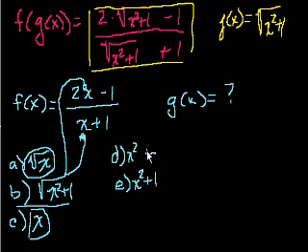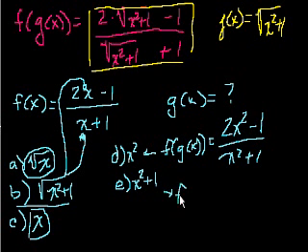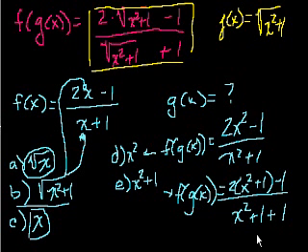If g of x was this, then f of g of x would be, everywhere we see an x, you put an x squared, so it would be 2x squared minus 1 over x squared plus 1, which does not equal this. And similarly, if g of x was this term right here, then f of g of x would be 2 times x squared plus 1 minus 1 over x squared plus 1 plus 1.